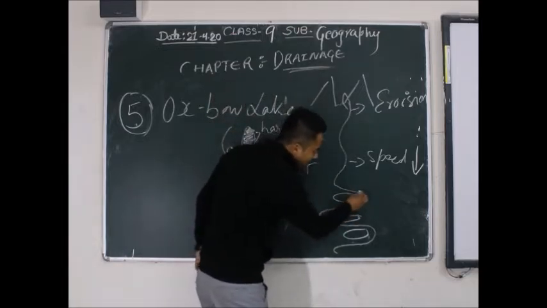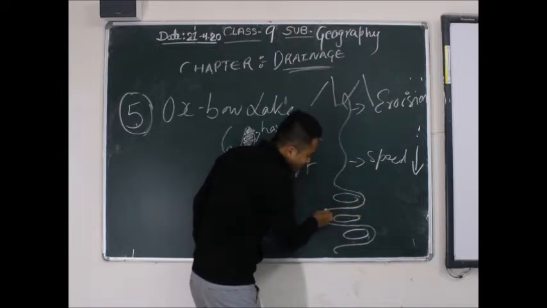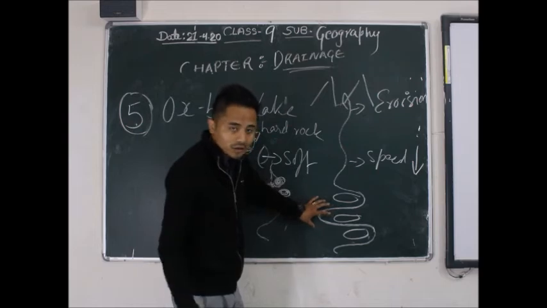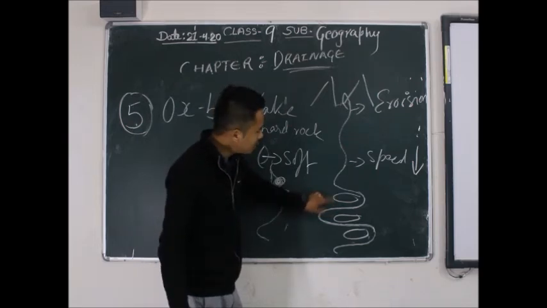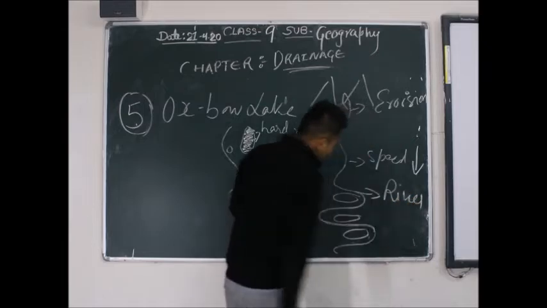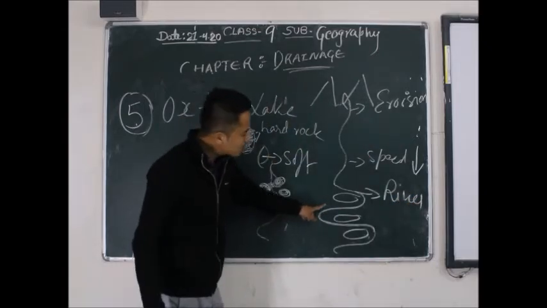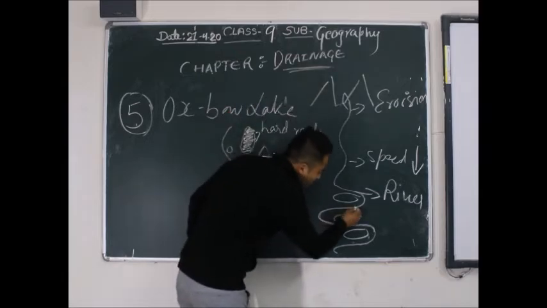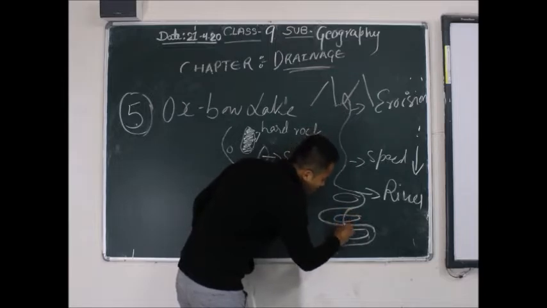Alright, the river spreads, and slowly and steadily, when the river spreads, it creates a curve-like structure. Okay, this kind of curve. This is the river. It creates a curve-like structure, and slowly, according to time, the river breaks down the hard rock and makes a new way in this manner.